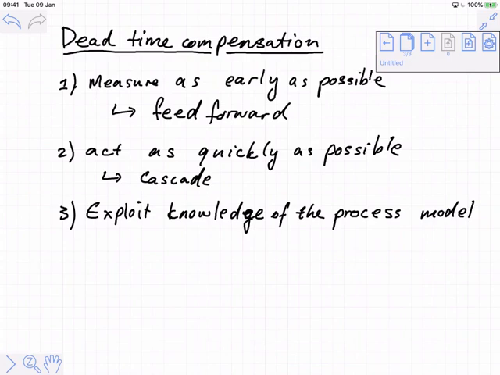And feed forward actually had a model component in it, right? We couldn't design a feed-forward controller adequately without having at least some idea of what the effect of the disturbance is going to be. So feed-forward is fundamentally a model-driven activity because we need some kind of model of the system in order to develop a feed-forward controller.